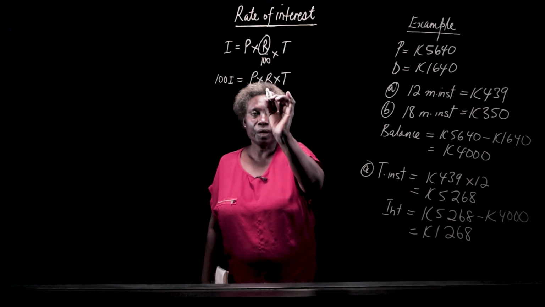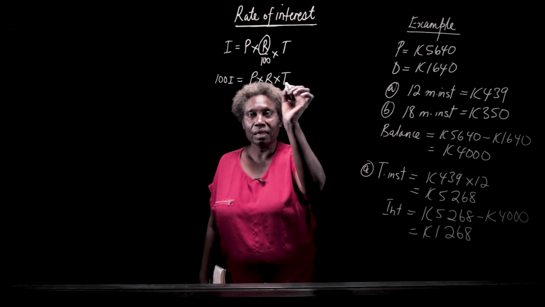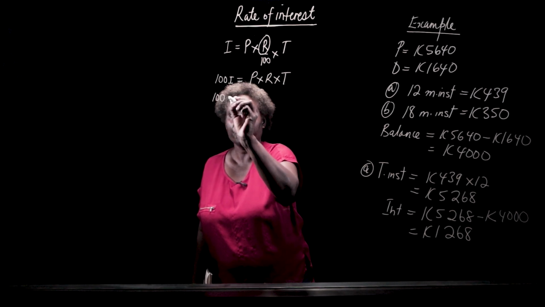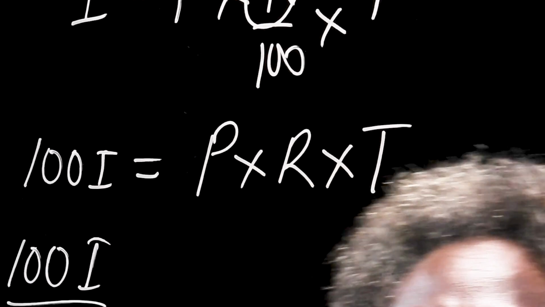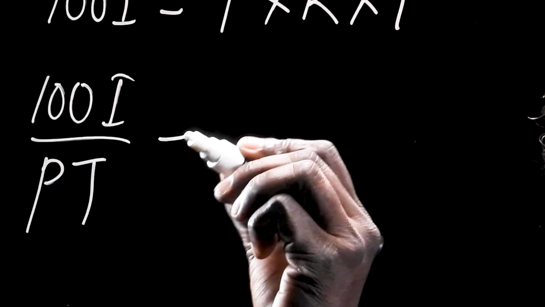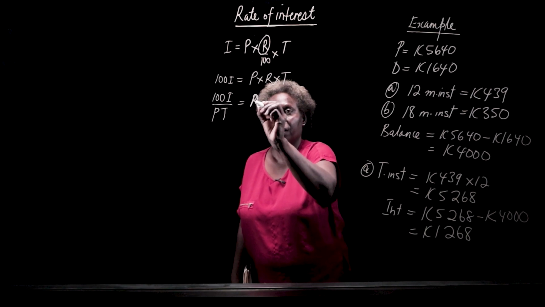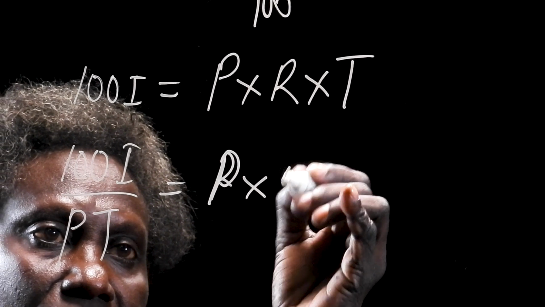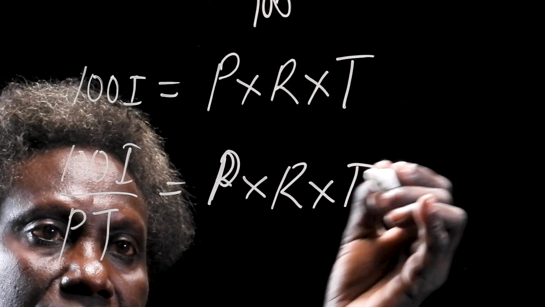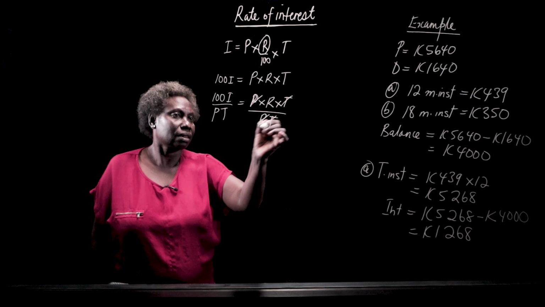Then we divide both sides of the equation by principal times time. So we have 100 times I over PT is equal to P times R times T over PT. This cancels out.